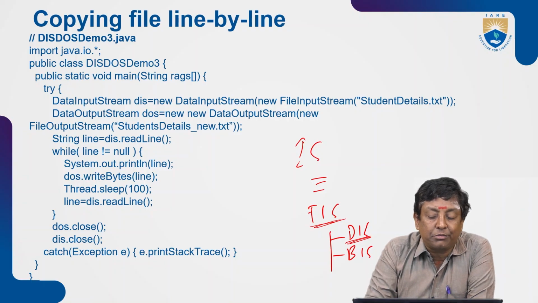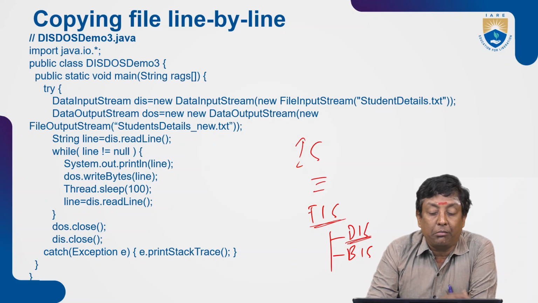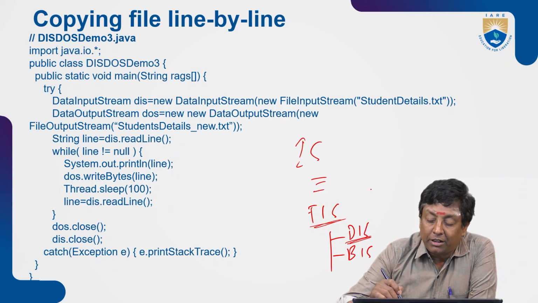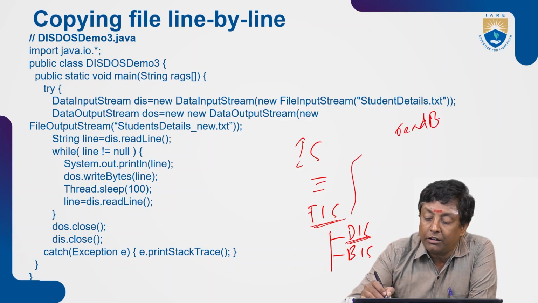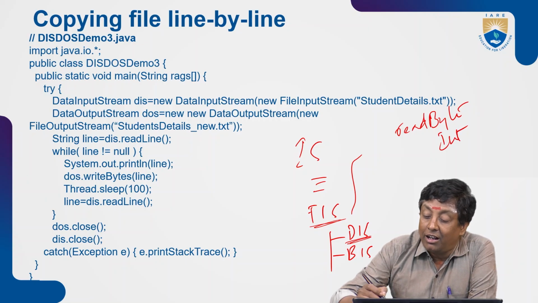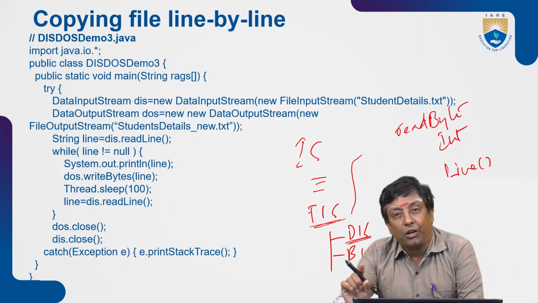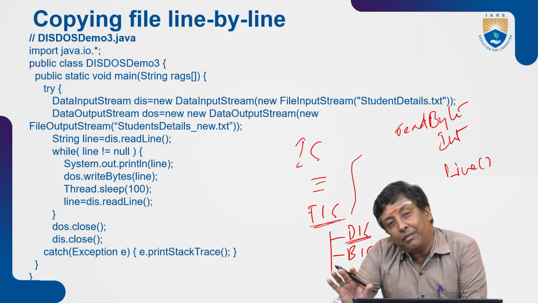Actually, this data input stream should be called data type input stream, because the read methods in data input stream are right from read byte to read short, read int, read long, read float, read double, read char, read boolean, up to read line. There is one read method for every primitive data type.